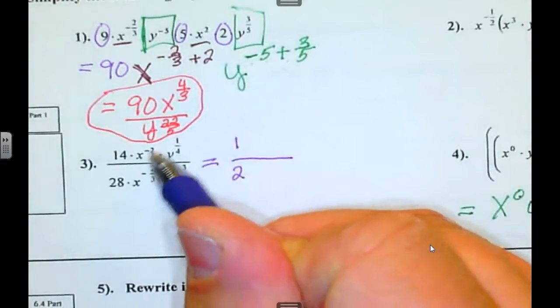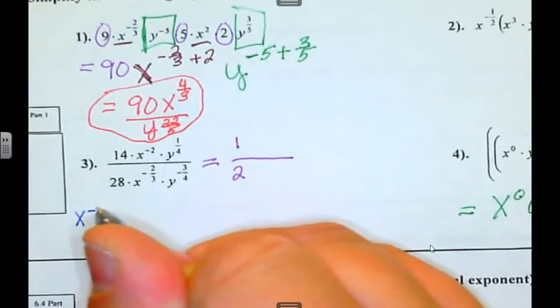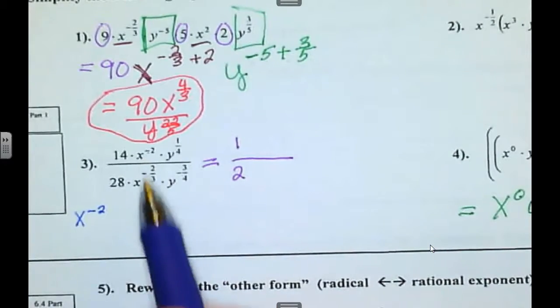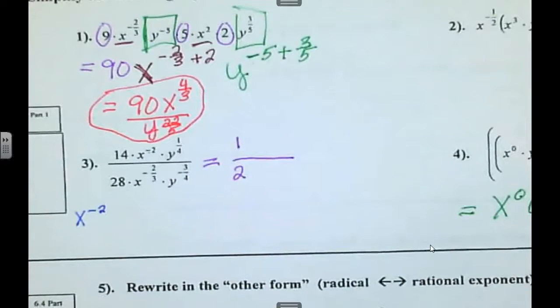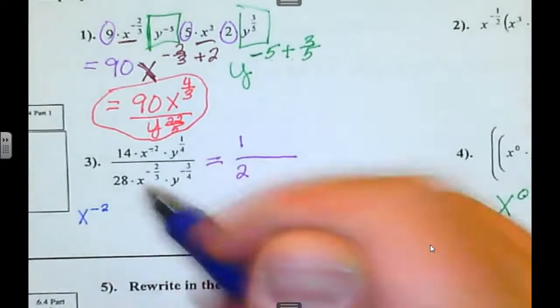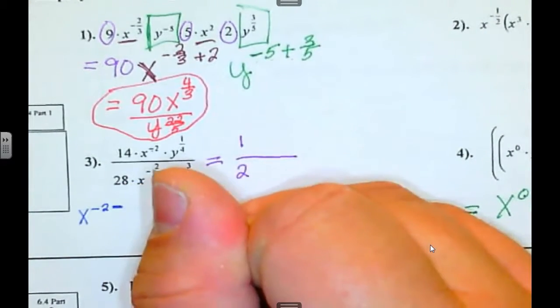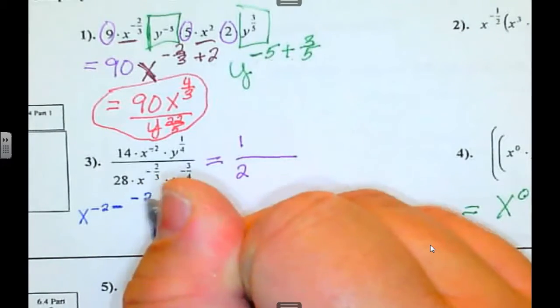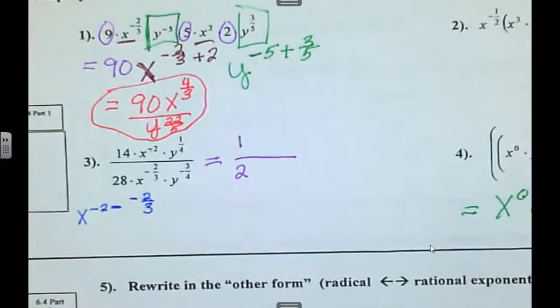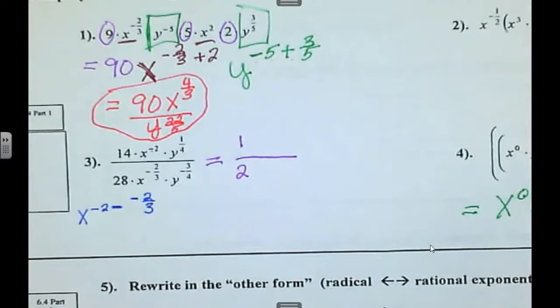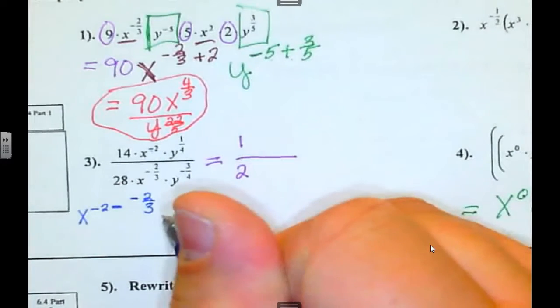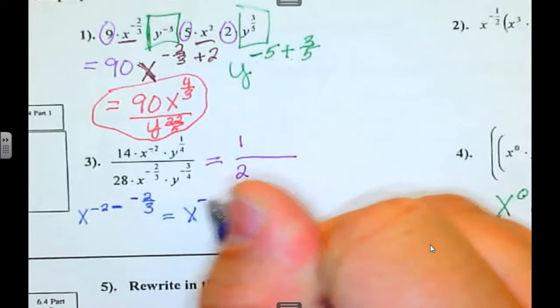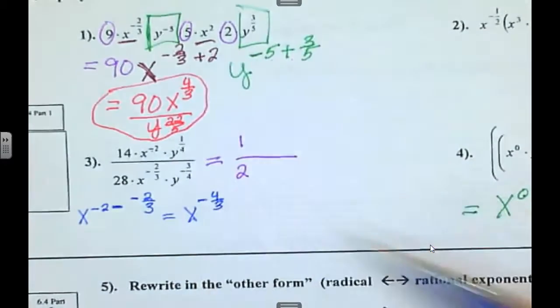Now, x to the negative 2. And since I have division, what do I do with the exponents? Subtract them. So I'm going to subtract negative 2/3. Watch your signs here. Okay. X to the negative 4/3, is that what you get?